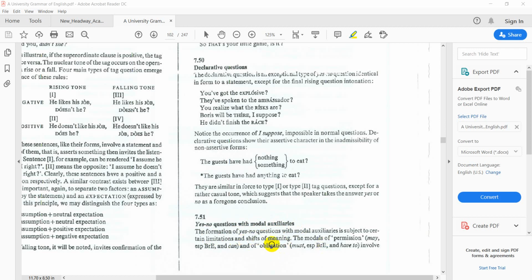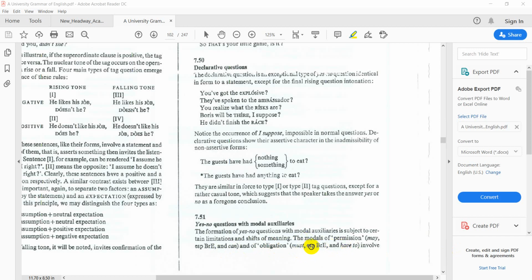The formation of yes-no questions with modal auxiliaries is subject to certain limitations and shift of meaning, because you are going to ask by their meaning. What I mean here, you are going to see after we discuss this topic.